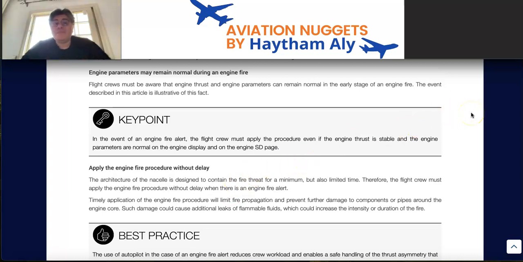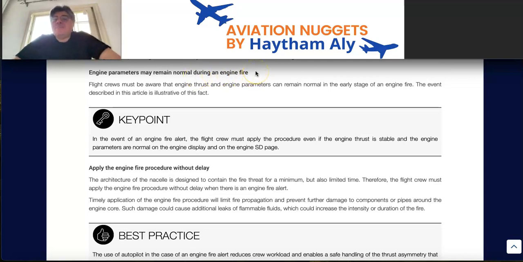Even if the engine may suffer from an engine fire, the engine parameters may still be stable. Engine parameters may remain normal during an engine fire.